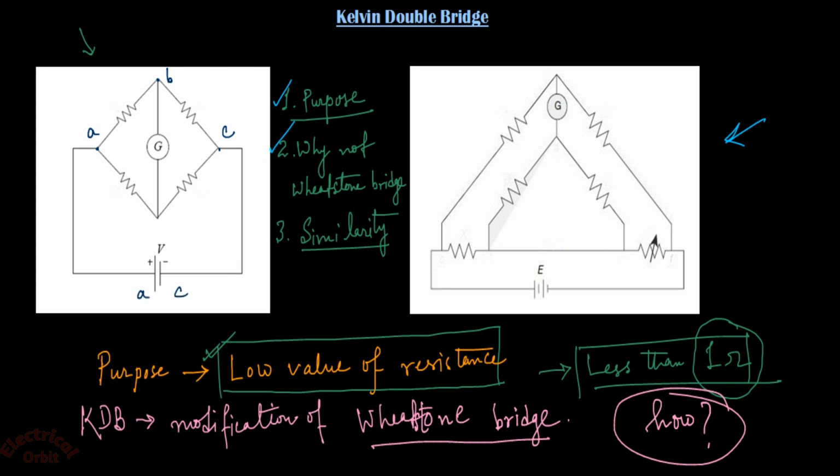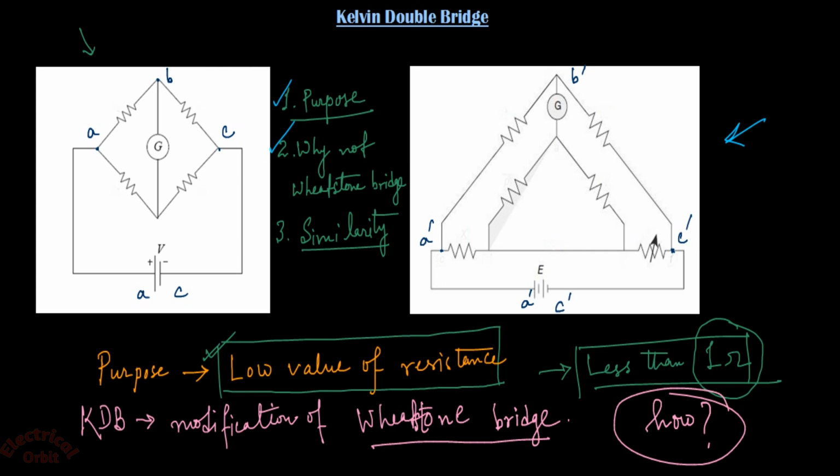Similarly, in the Kelvin double bridge, this voltage source E is connected to points, suppose this point is A dash, this is B dash, and this is C dash. So E is connected with A dash and C dash. Are you finding any similarity?